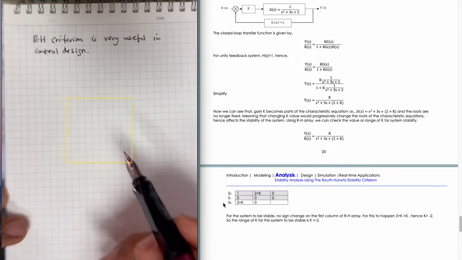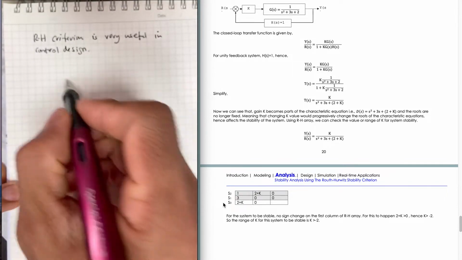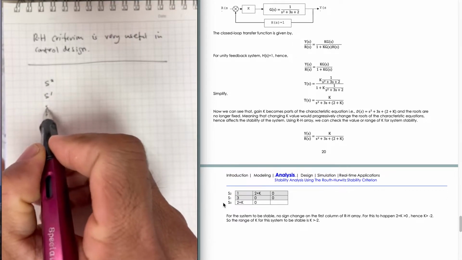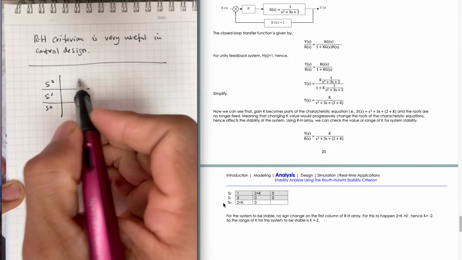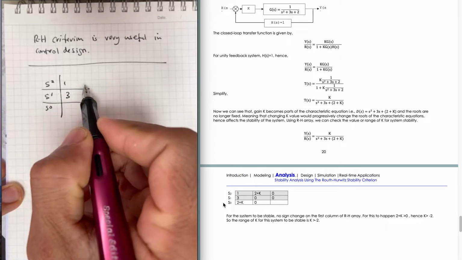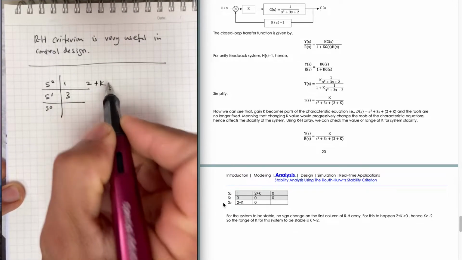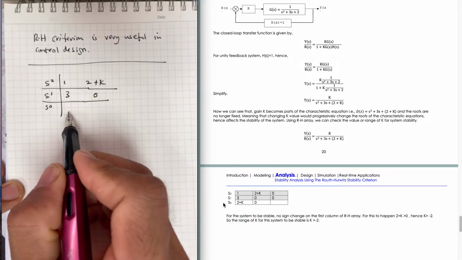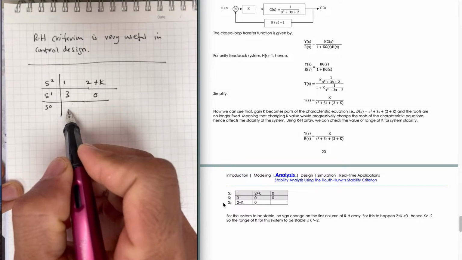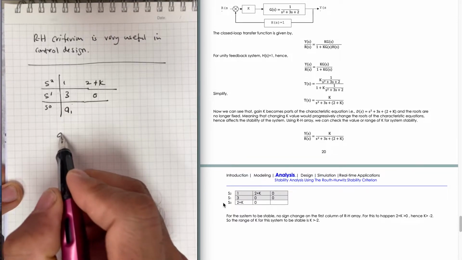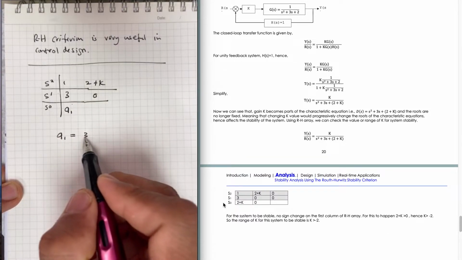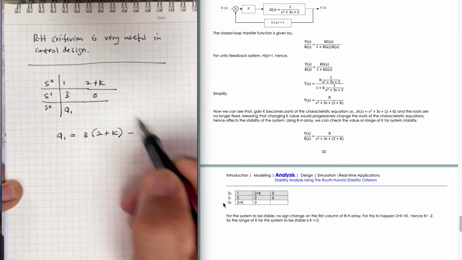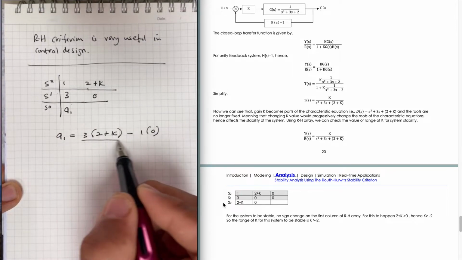So let's see this. S squared plus 1 is 0, right? So we have 1, 3, 2 plus K. Here, it's 0. Let's say we put A1. So A1 is equal to 3 times 2 plus K minus 1 times 0, over 3.